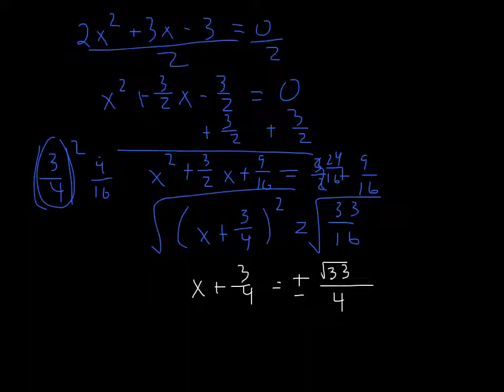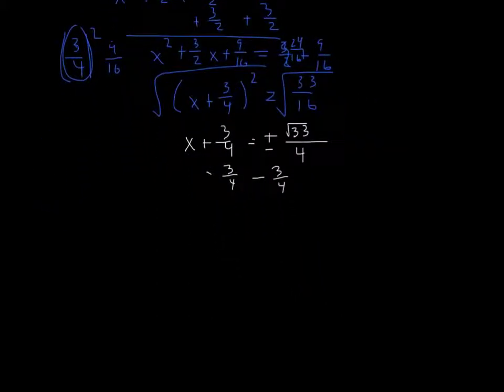Now, let's subtract our 3/4 from both sides, and shrink it up just a hair. And we get x = −3/4 ± √33/4.